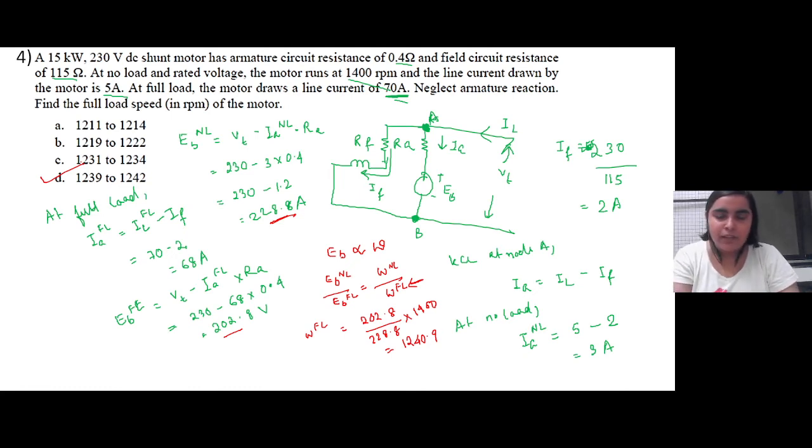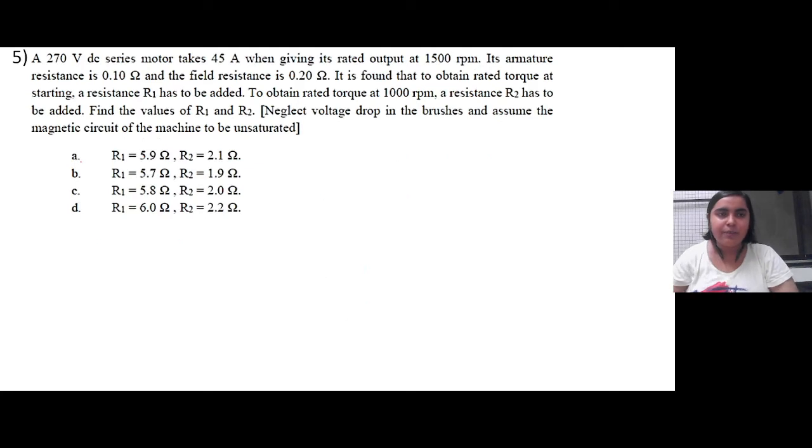Okay, let's move to the next question then. For the fifth question, we have a 270 volt DC series motor which takes a 45 ampere current when it is giving a rated output of 1500 rpm. Its armature resistance is 0.1 and the field resistance is 0.2.